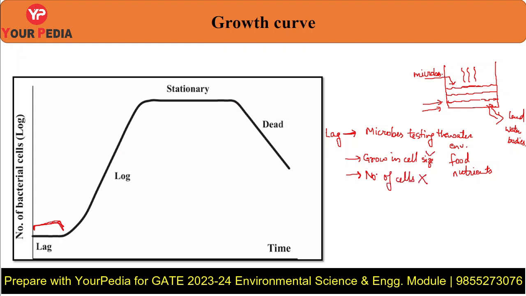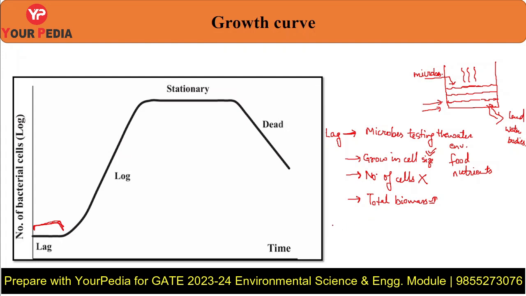Only the size increases. So there's a very slight increase in the total biomass also. Slight increase, right? So during lag phase, the cells increase in size. The microbes are getting adapted to the environment, right?